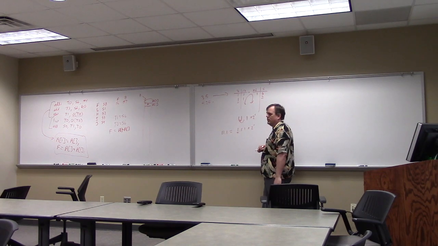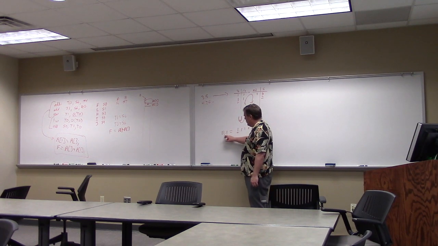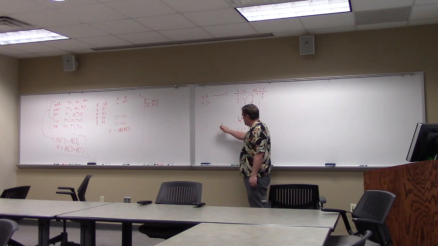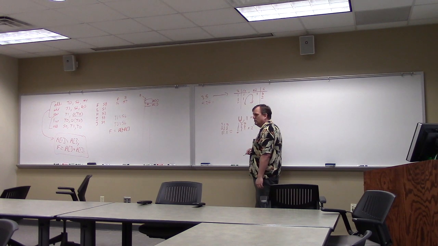Wait, why would we do times 2? Because my original number was 3.5. This is the 2's place, the 1's place, the halves place. And this is the 1's place, the halves place, the quarters place. And 2 to the first is 2.